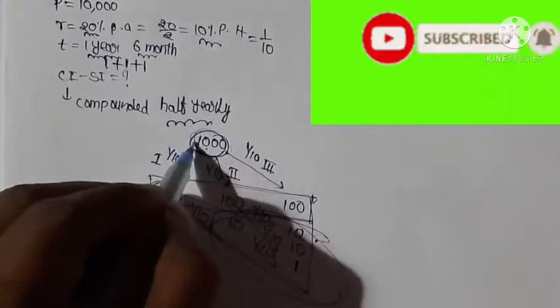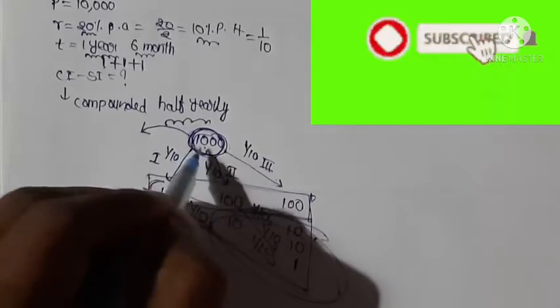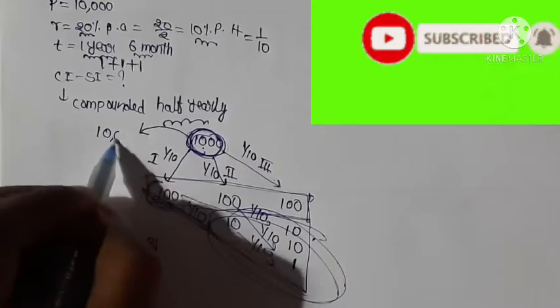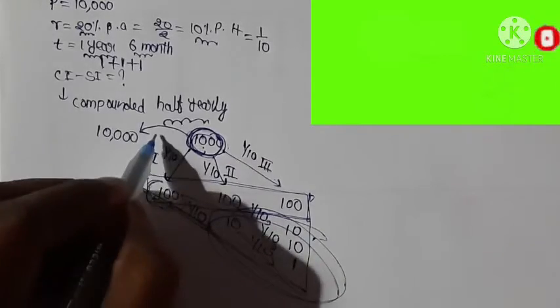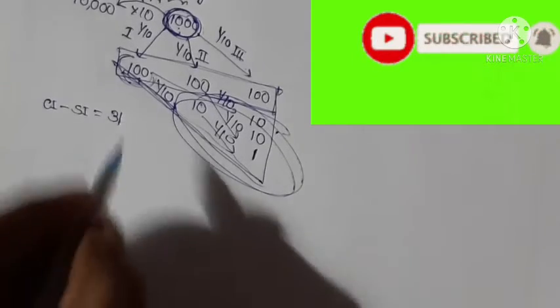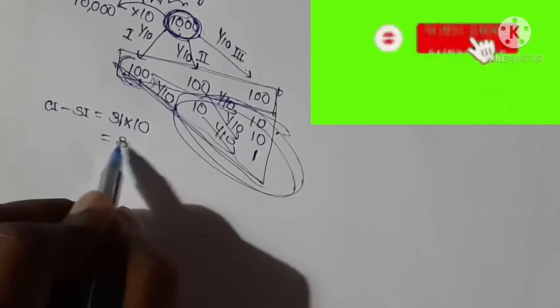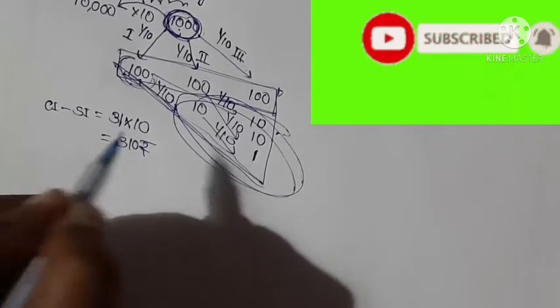The principal represents 1000 units, so 1000 units is equal to 10,000, so 1 unit is equal to 10. So the CI minus SI difference, 31 units, is 31 into 10, so the value is 310 rupees.